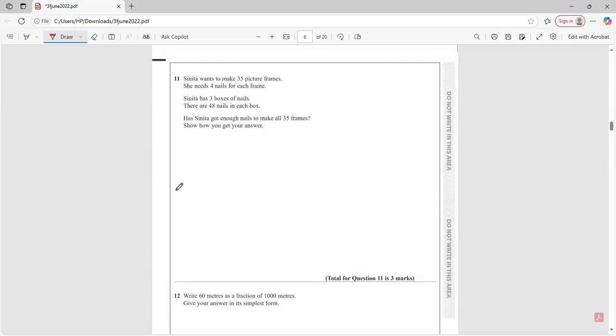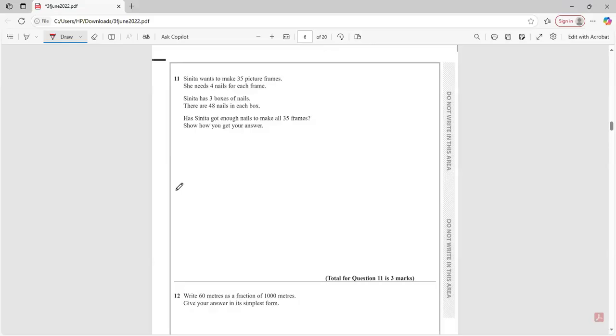How about number 11? Sinita wants to make 35 picture frames. She needs 4 nails for each frame. Sinita has 3 boxes of nails, and there are 48 nails in each box. Has Sinita got enough nails to make all 35 frames?